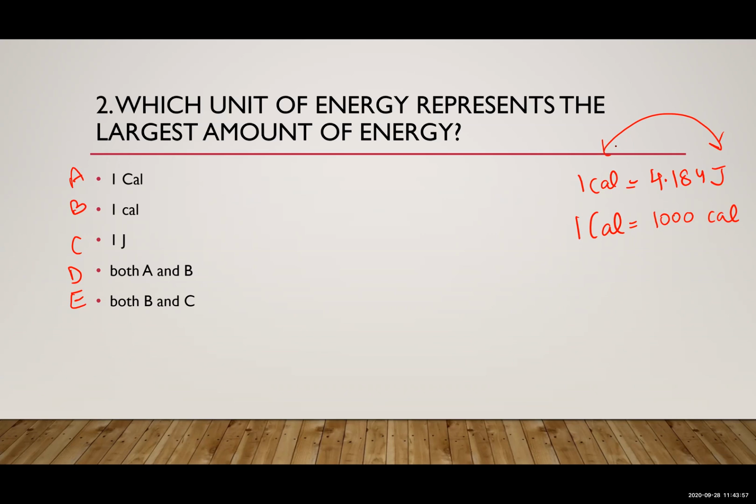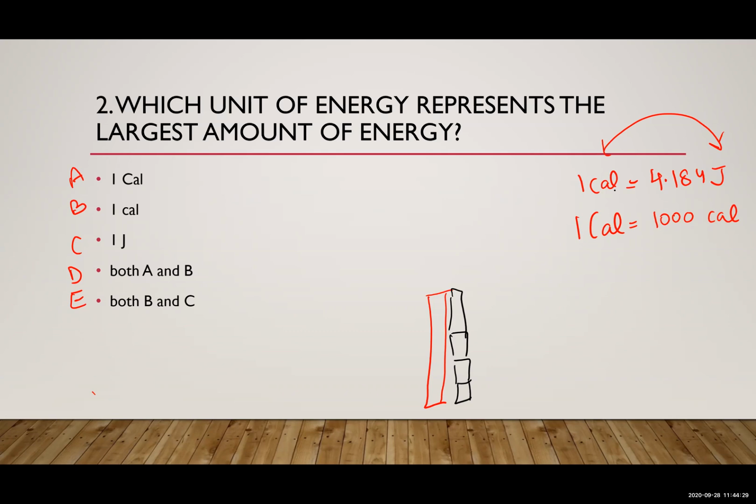Let's say one large red stick is equal to 4 tiny black sticks. Which stick is larger, the red stick or the black stick? Red. By the same logic, if 1 calorie is equal to 4 joules, ignoring the decimal, the calorie is bigger.